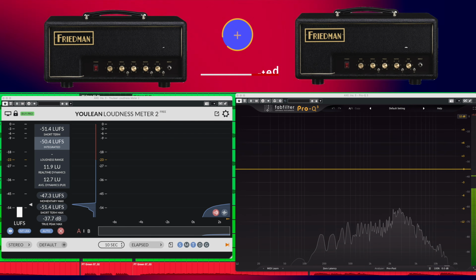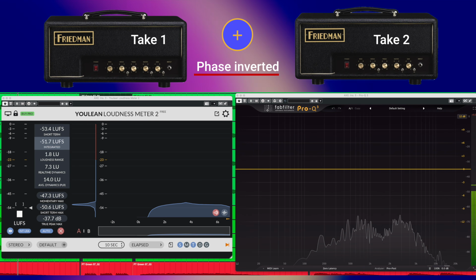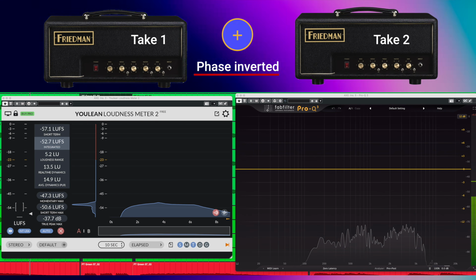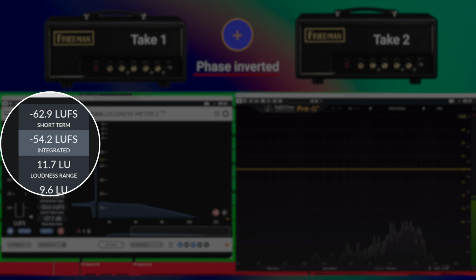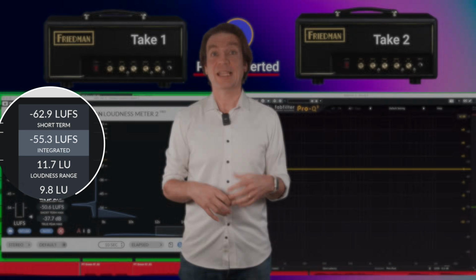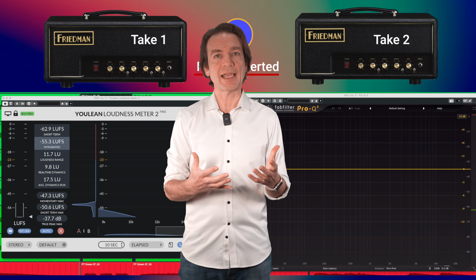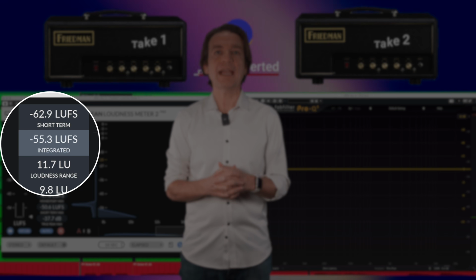Let's now play the 2 tracks phase inverted, performing the null test. And well, we are not obtaining silence, but minus 55.3 LUFS.